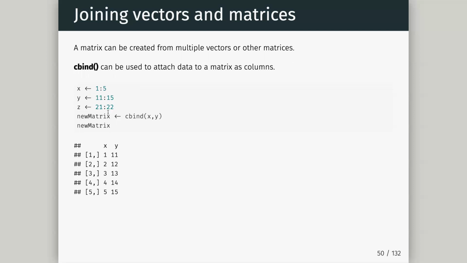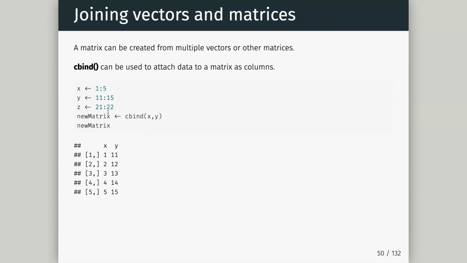Just as we could combine vectors together using the c function, we have the cbind function, and this bind family of functions, which allow us to attach vectors or matrices together. To do this here, I've created a set of vectors.